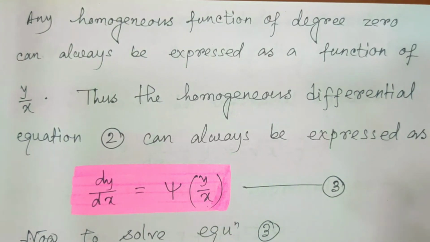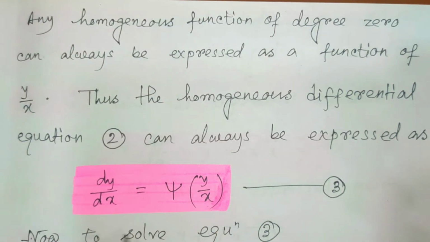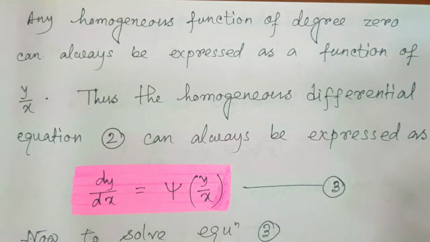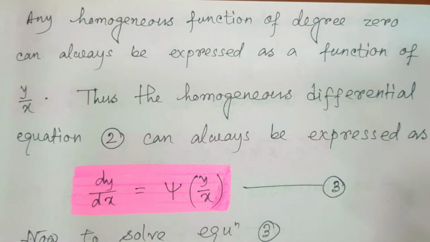If you remember, in the previous video we solved such types of equations by the reducible to separable of variable method. If not, you can check the previous video on equations reducible to the separation of variable form, where you will find this. Anyway, I am solving a few questions here also, but before that let me tell you this.